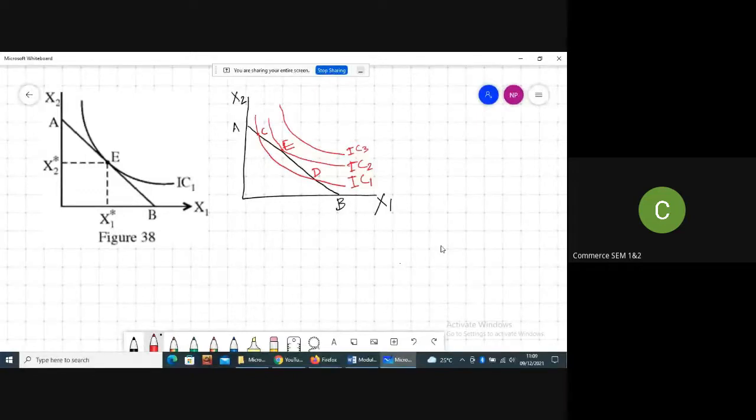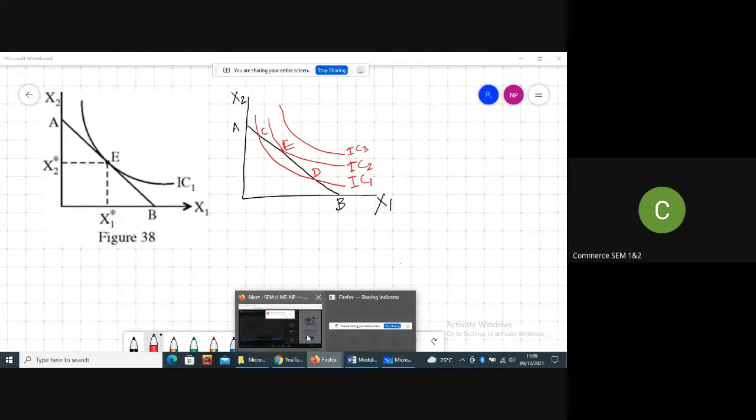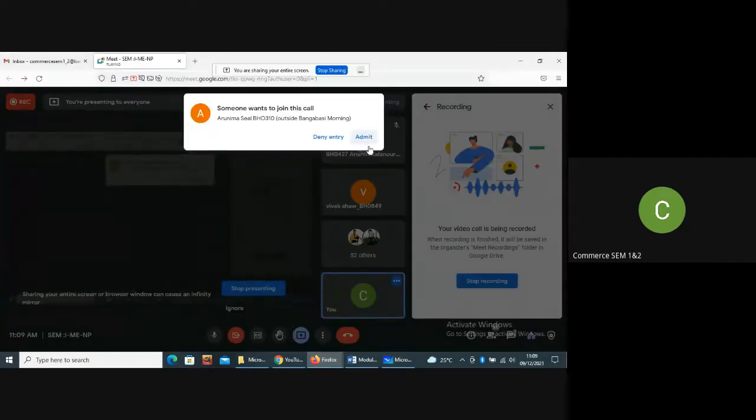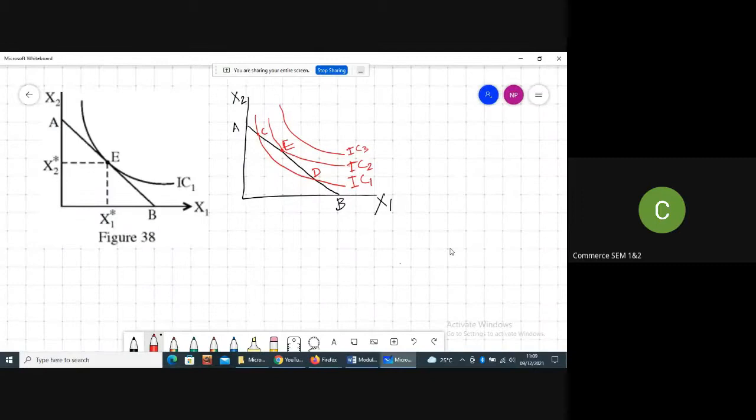So the equilibrium point will be at point E, where the slope of indifference curve will be equal to the slope of the budget line. Now, what is the slope of IC?